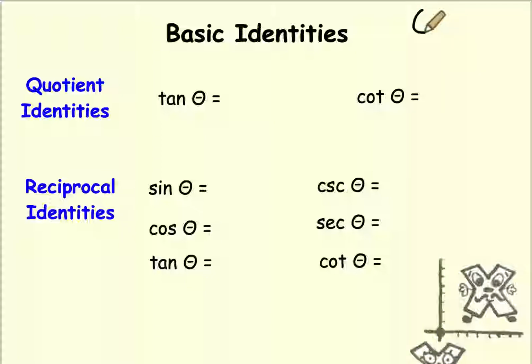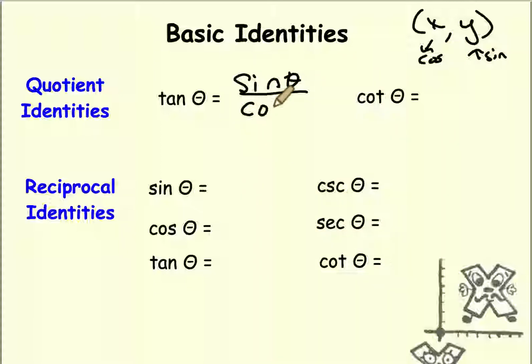Okay, so some basic identities which you're probably already familiar with. On the unit circle, we had ordered pairs, and we said tangent is the ratio of y over x. And we said y is sine and x is cosine. So the tangent function can be thought of as the ratio of sine over cosine as long as the cosine is not equal to 0, otherwise it would be undefined.